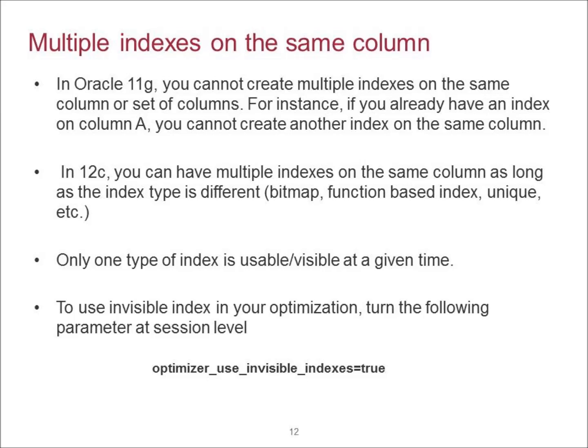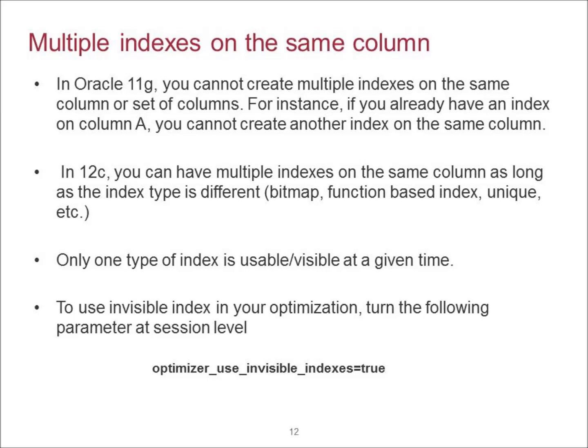Multiple indexes on the same column. Now in 11g, as I mentioned earlier, Oracle came up with this invisible index concept, but with 12c, in addition to the invisible column, it also allows you to create multiple indexes on the same column, which you are not allowed to do in Oracle 11g.